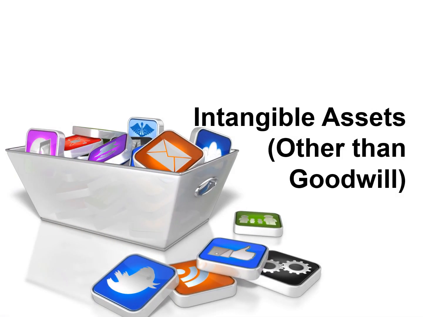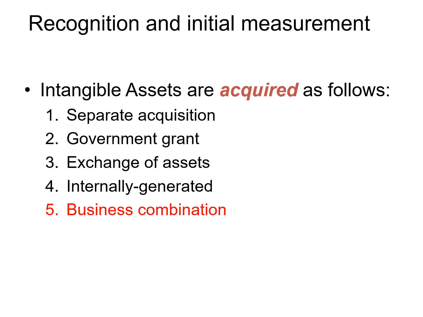The next item where there's been a change is around intangible assets. These are intangible assets other than goodwill. We'll deal with goodwill separately. Intangible assets can be acquired in one of 5 ways. Separate acquisition, the government gives them to you, or through an exchange of assets.